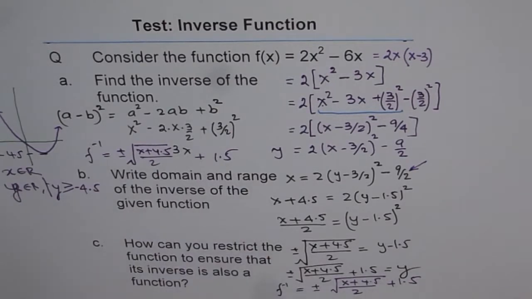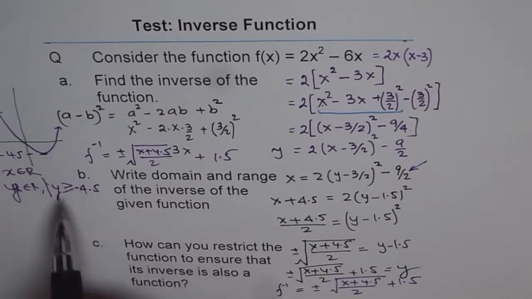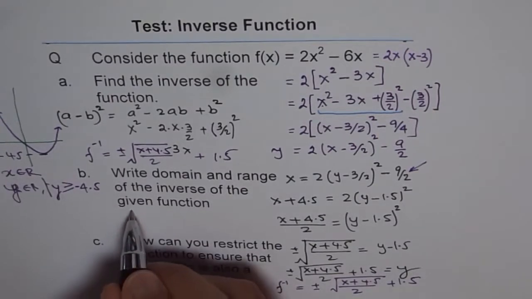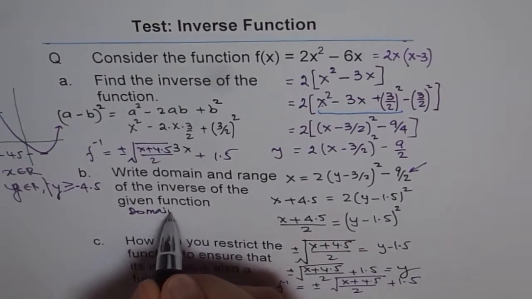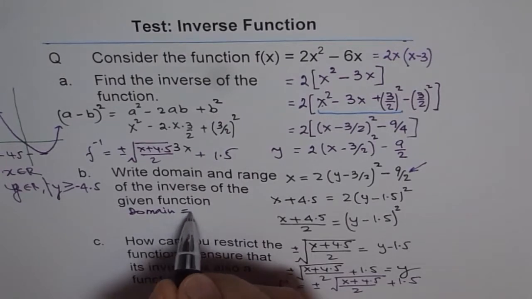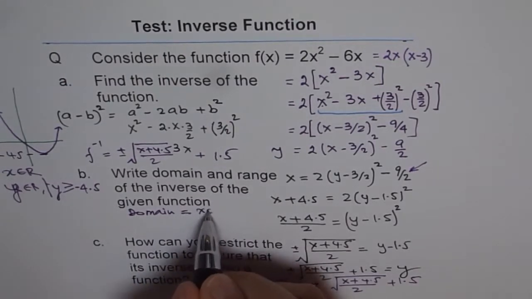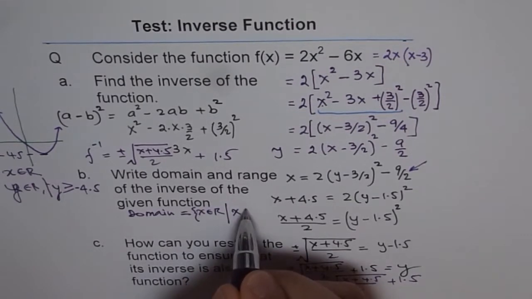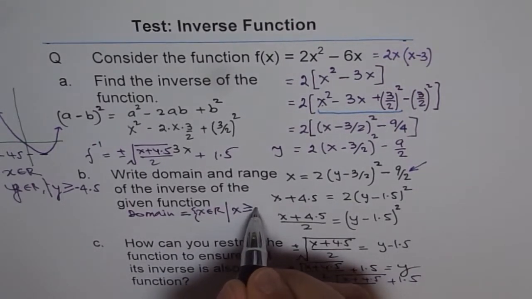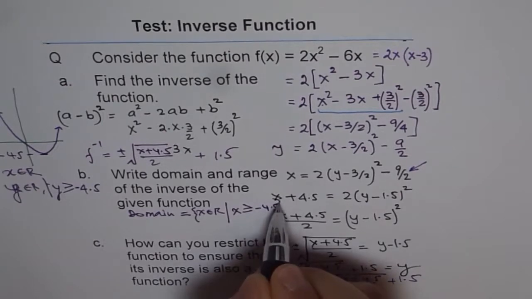When we do the inverse of a function, what happens? Range and domain change, correct? The domain becomes the range of the function. So the domain for us now is x belongs to real numbers such that x is greater than or equal to minus 4.5. You see that?